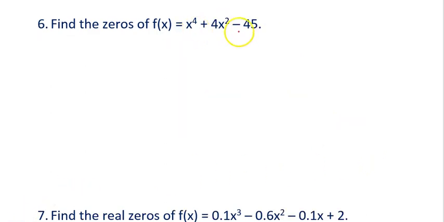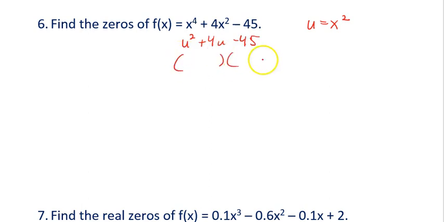Example 6, again we're finding zeros, and this one's not factored for us. You'll notice that this goes from 4 to 2 in the powers, so this is a u factoring situation, and I'm going to let my u be x squared. That'll make this u squared plus 4u minus 45.